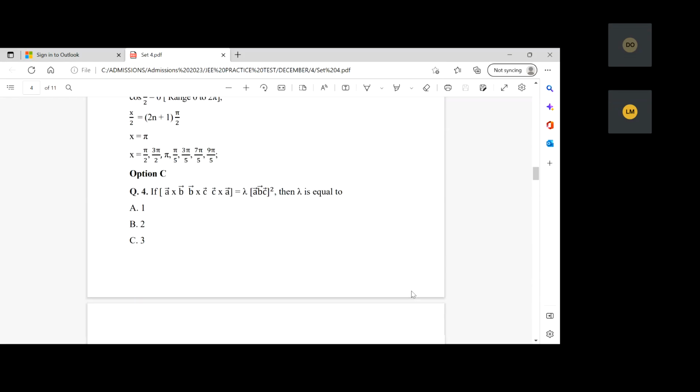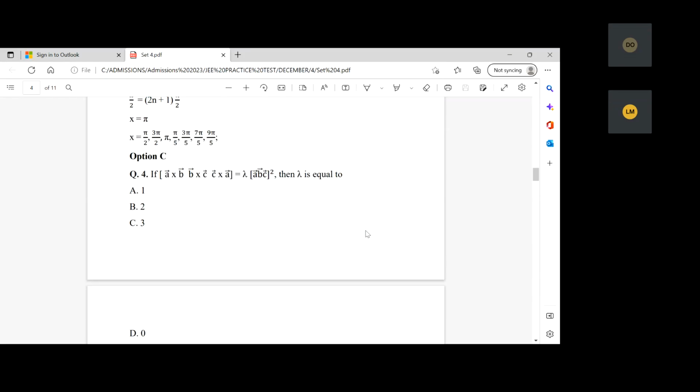So this is also a very simple question, maybe a common question which you have seen. Here we have A cross B, B cross C, C cross A. This is equal to lambda. We need to find out the value of lambda. I hope everybody knows about the scalar triple product and the formulas of all of them.